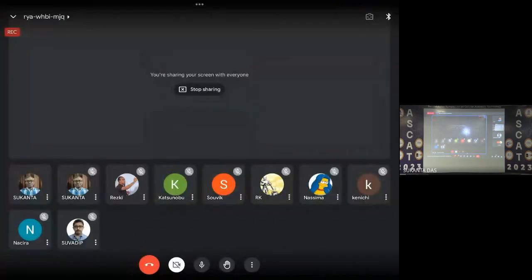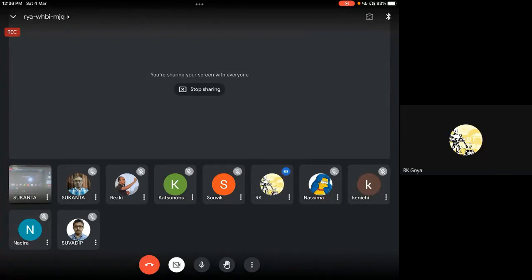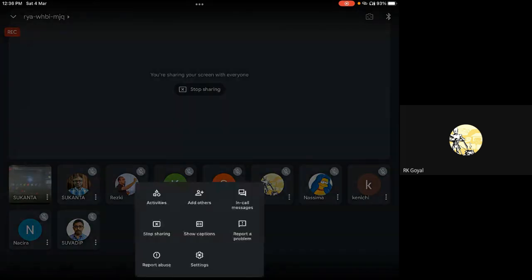Can you see my screen? Am I audible? Yes, audible and the screen is visible. The screen is not yet visible. Okay, I'm trying it once again.